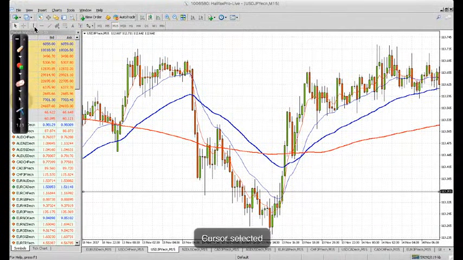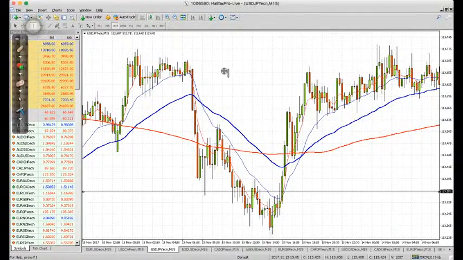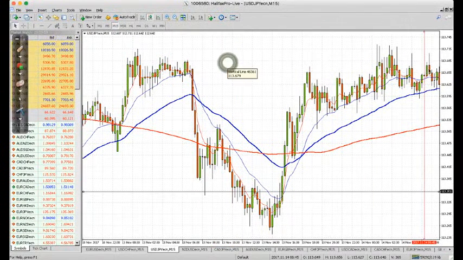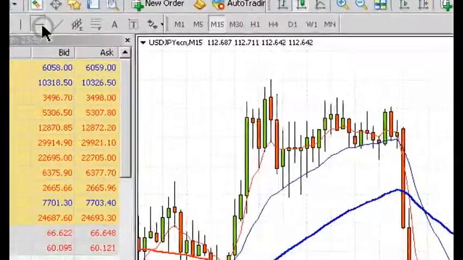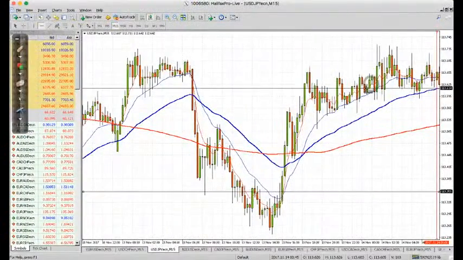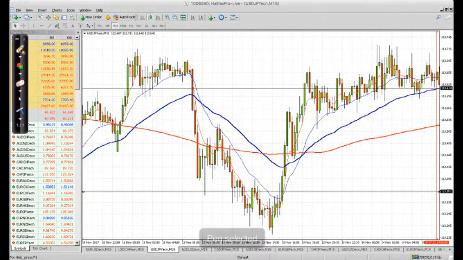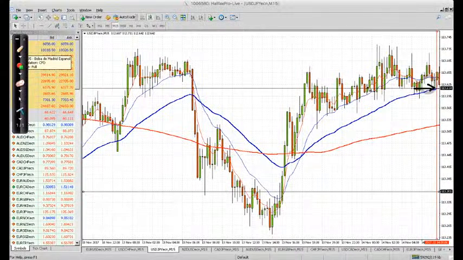So again, let's take our vertical line, clicking on this. Let's move that vertical line right there to tell us that it's that point in time. We then click on the horizontal line and place it there. And we are saying, okay, we want to be a buyer there. We want to buy over there. Because on the 15-minute candles, it looks like it's going up on an uptrend.